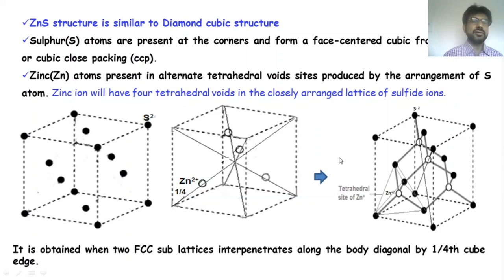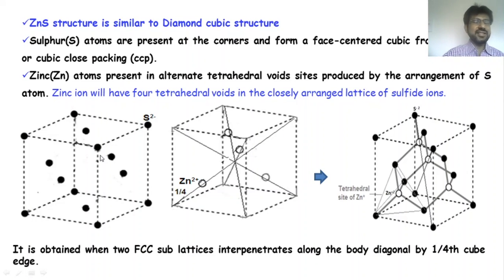The zinc having the smaller size as compared to the sulfur atoms, so it is present in alternate tetrahedral void sites. Now here the zinc ions will occupy 4 tetrahedral voids in the closely arranged lattice of the sulfur ions.